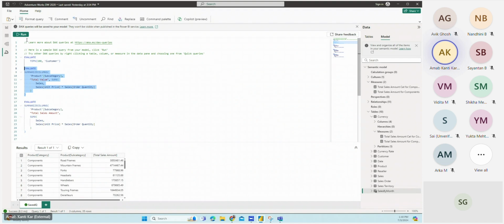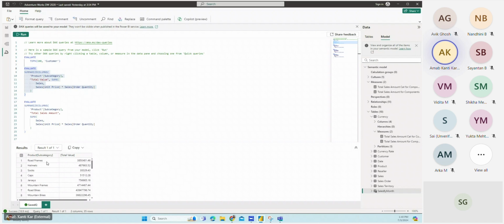Then let's try to understand what the total sales by subcategory are. And that's what I did. And then I saw that, great, we have each subcategory.